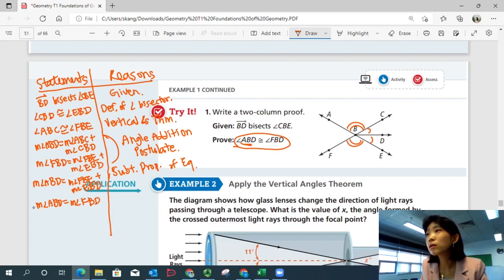Why can't we just skip a step and say, oh, yeah, it's obvious that we can make them equal to each other? We need a middle step to prove them and provide reasons about it. Okay, you can't just skip steps. Try to write down as many steps as possible so that you're very clear.